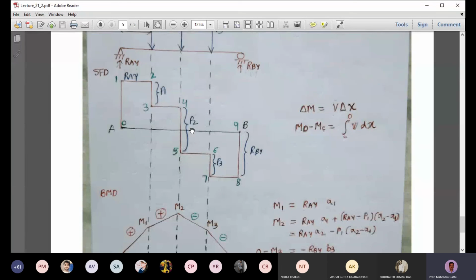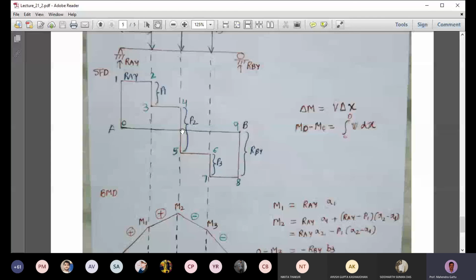And from here, what will happen? The shear force is below the beam axis AB. A negative shear force has started coming into the picture, so the area will start reducing. This term will be negative, so the bending moment will start reducing. The maximum bending moment will occur up to this point, and from this point onwards, it will keep decreasing.